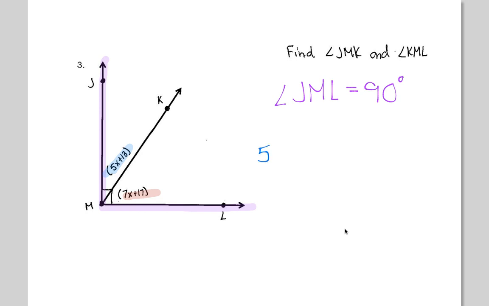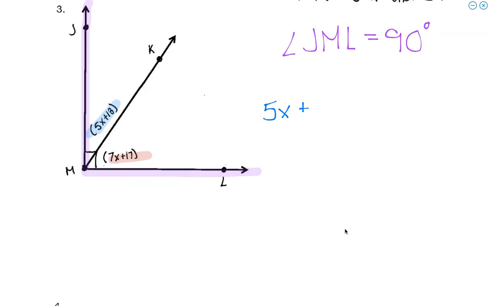So 5x plus, I think it's a 13, plus 7x plus 17 equals 90.